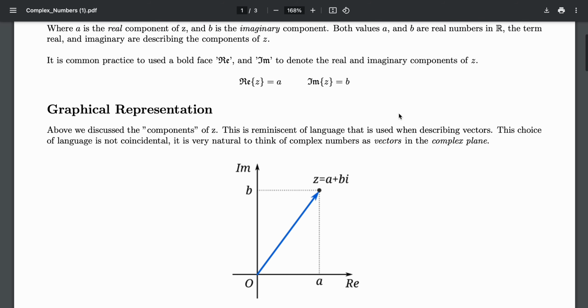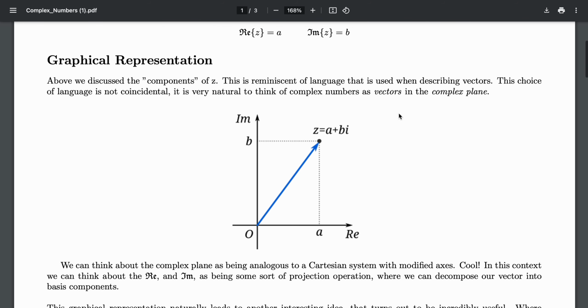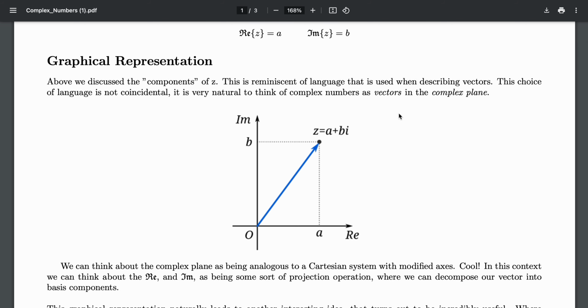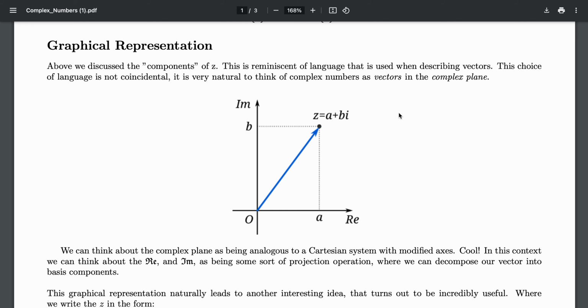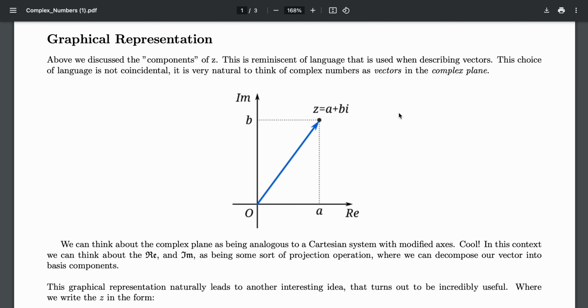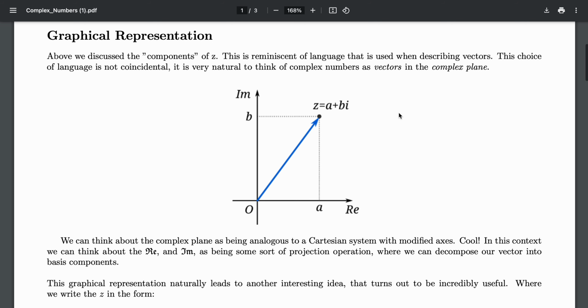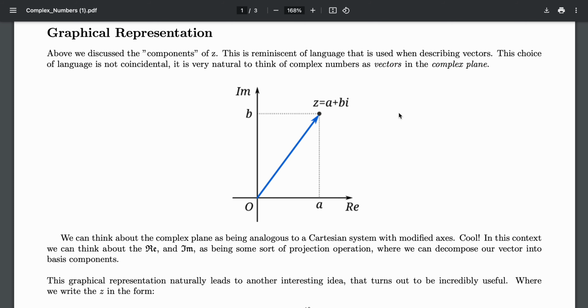Cool. Now, from here, let's move on to thinking about a graphical representation of complex numbers. And ultimately, this video will focus on talking about the different graphical representations and why they are useful and helpful with calculations. So above we discussed the "components" of z. And to me at least, this language is reminiscent of describing vectors, right?